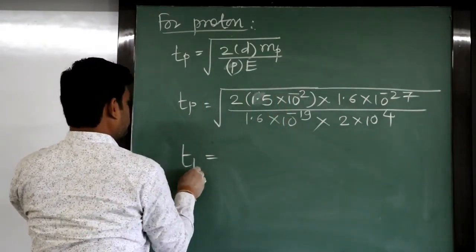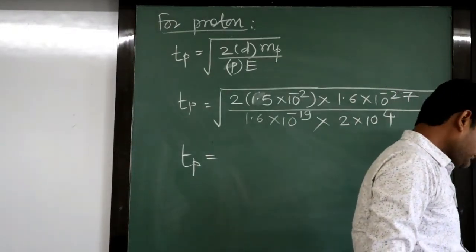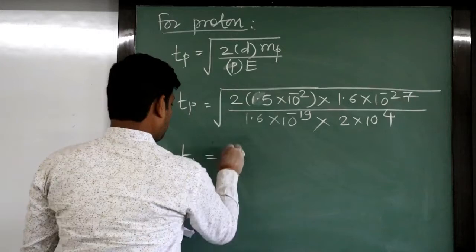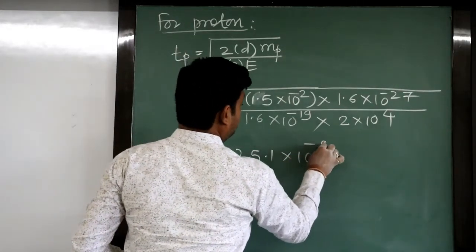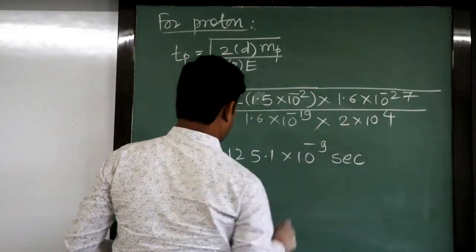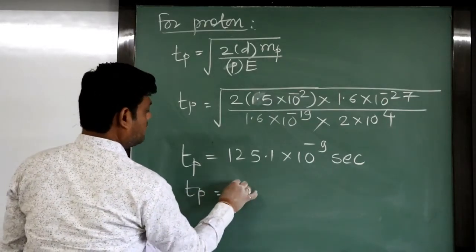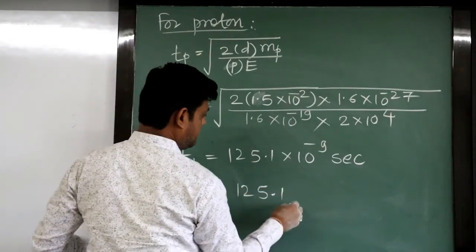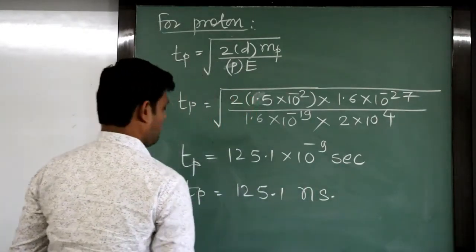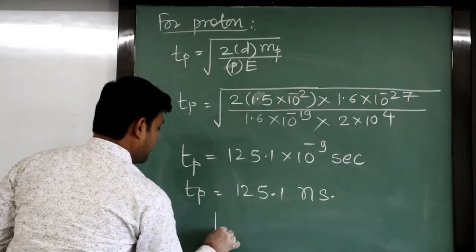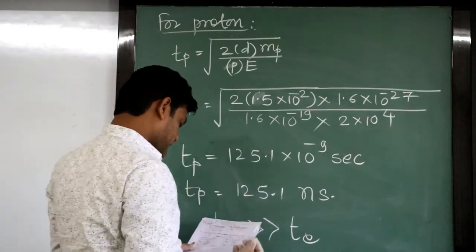Dear students, by solving this you will get Tp equal to 125.1 × 10^-9 seconds, that is 125.1 nanosecond. So this is the time for the proton, and we can say that the time for the proton is much greater than the time for the electron.